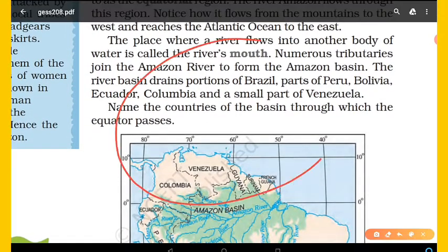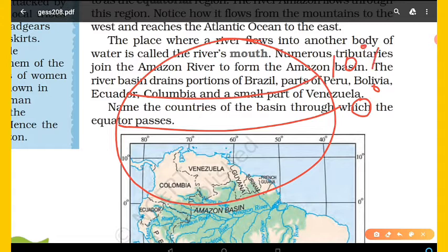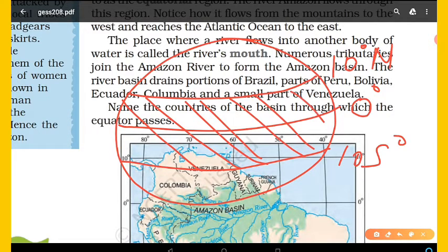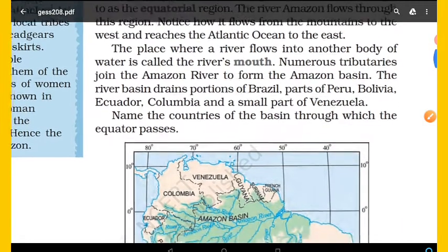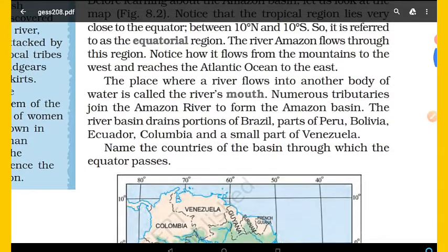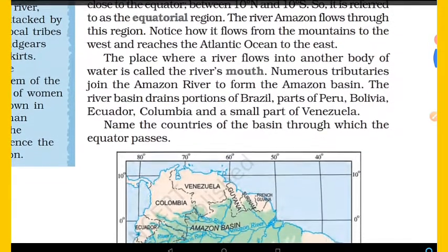For example, again we'll see, this is 0 degree equator, 10 degree north latitude, this is 10 degree southern latitude, and this area is known as equatorial region because it is very close to equator, and here hot climate is there. Now the river Amazon flows through this region.